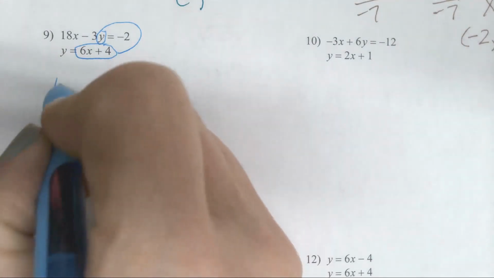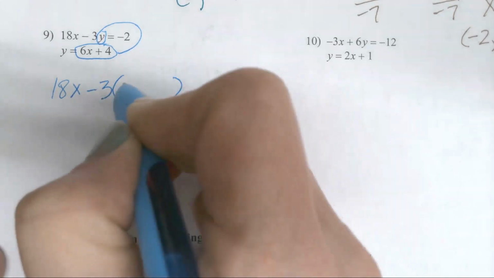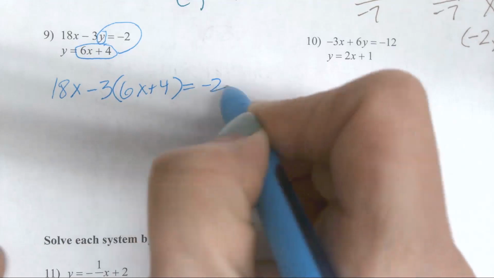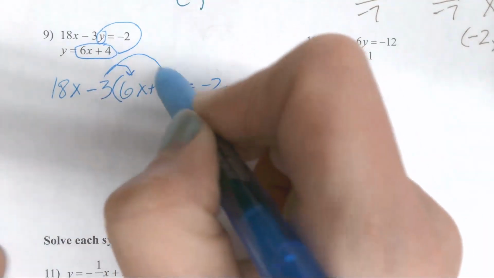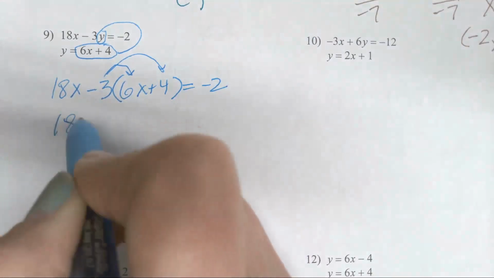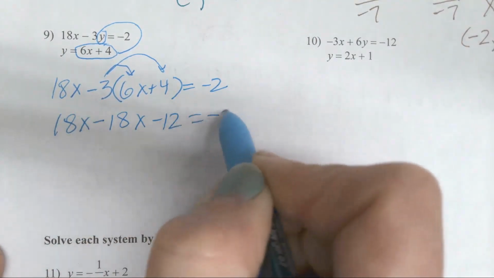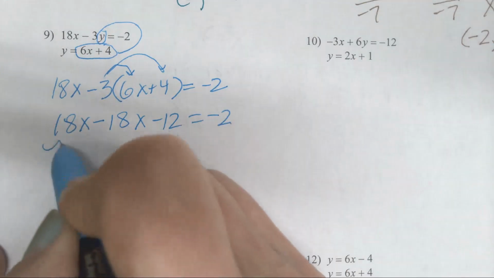So 18x minus 3 times, not y, but 6x plus 4 equals negative 2. And then I distribute. And then I combine like terms.